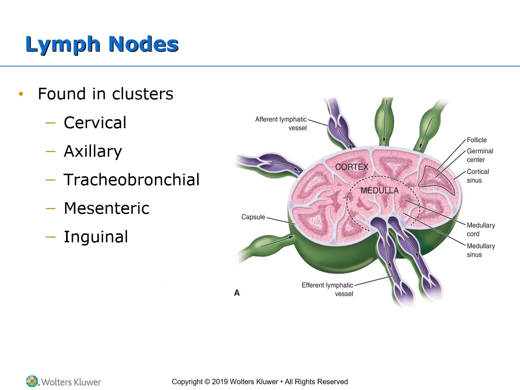We'll describe now the lymphatic structures that are part of the lymphatic system. The lymphoid tissue will be distributed throughout the body, and it's located in some specialized organs. We'll start by describing the lymph nodes.